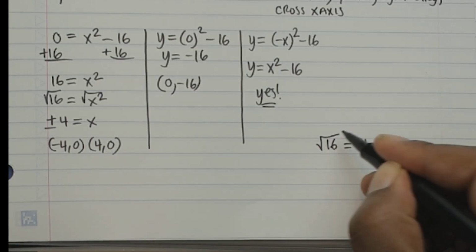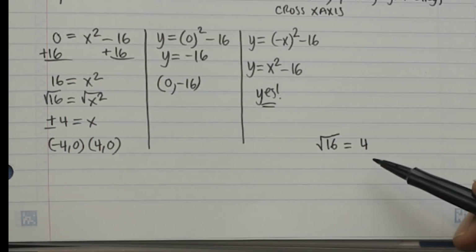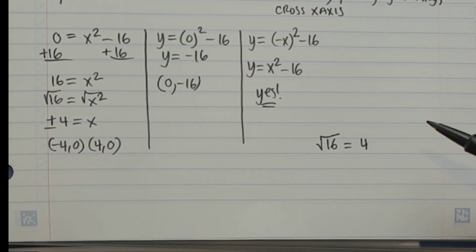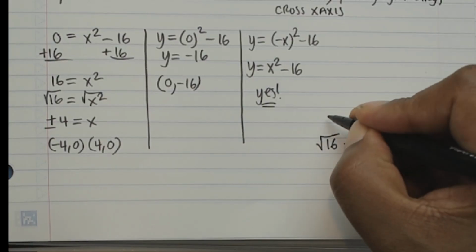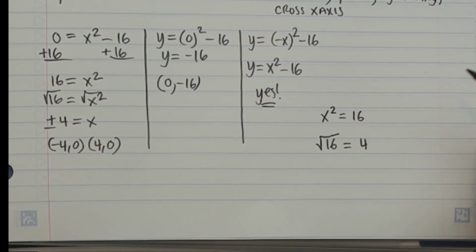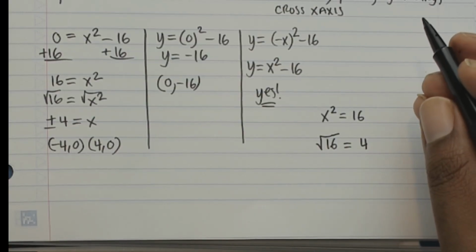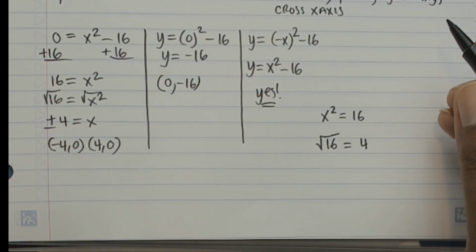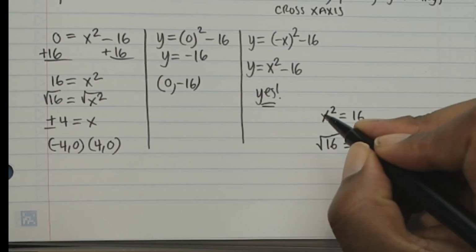If this wasn't an equation, then sure. But what's wrong with this reasoning? When solving x squared equals 16, we must include both answers in our solution.